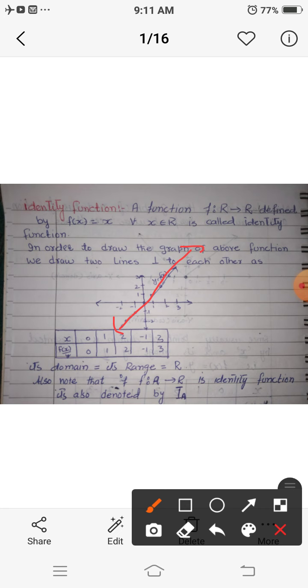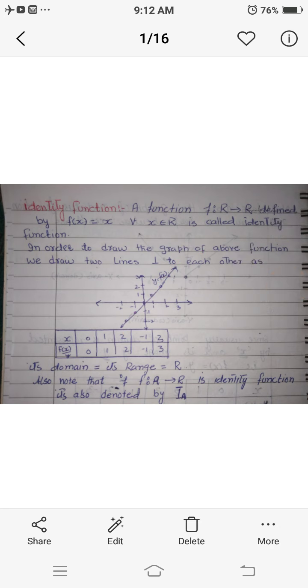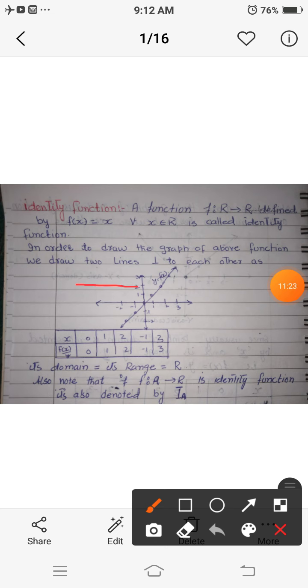Now clearly, when we draw any horizontal line like this, it touches the graph as well as the y-axis. Similarly, from here it touches the graph as well as this y-axis. So this means that each and every part of this y-axis is in the range set.